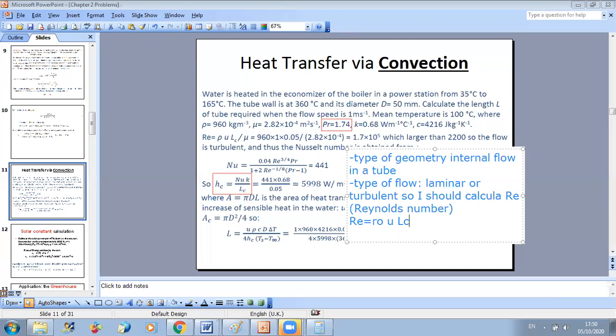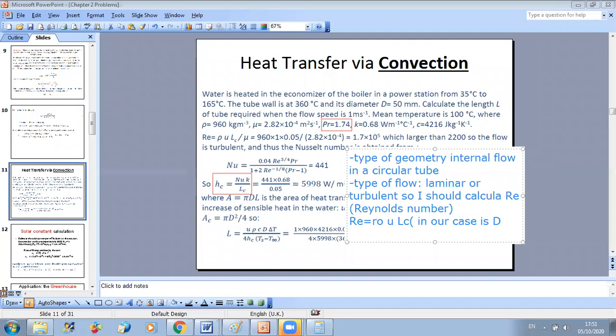In general, in case of internal flow in a circular tube, the characteristic length is the diameter. So here in our case, the characteristic length is D.